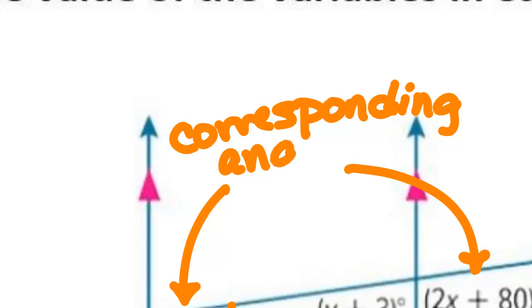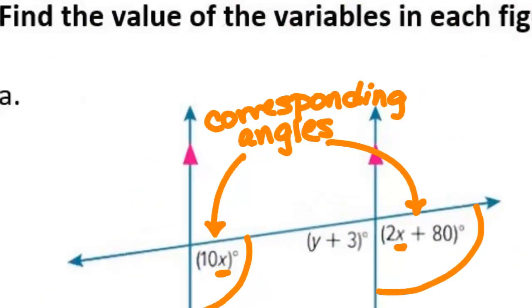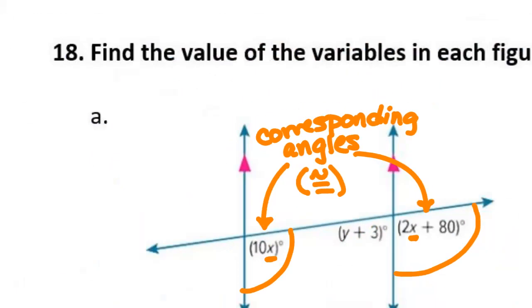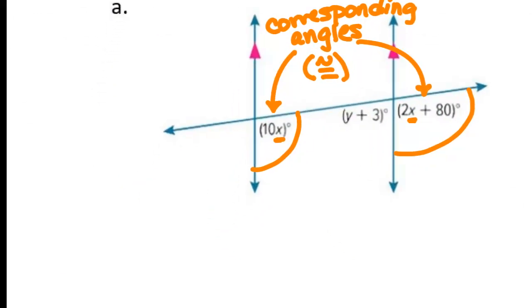And what do we know about corresponding angles? They're the same size. They're congruent. So we're going to take these two expressions and set them equal.